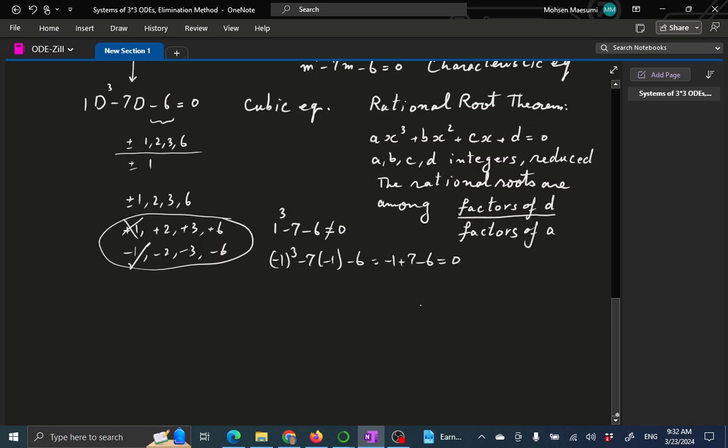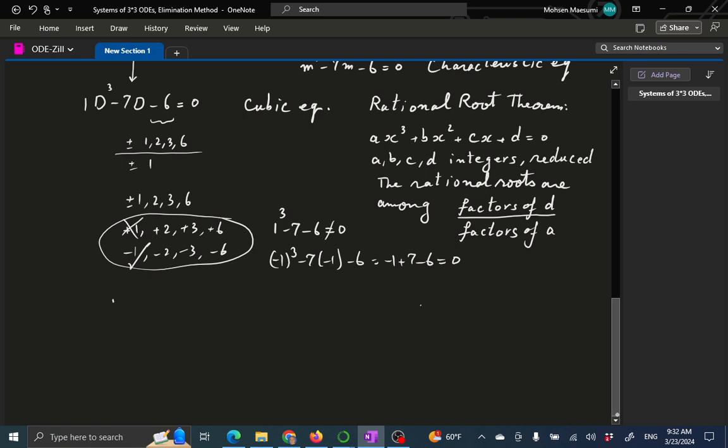One is to check all of these one by one. Remember that you have to find only 3 roots. After you find all 3 of them, assuming you're lucky that all of them are rational, then you're all done. If you don't find 3, then you better go after factorization. How do you factor these things?